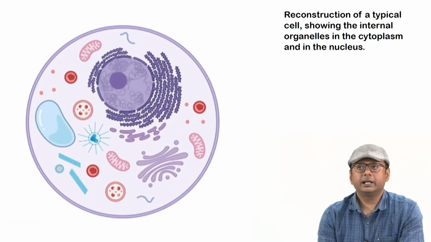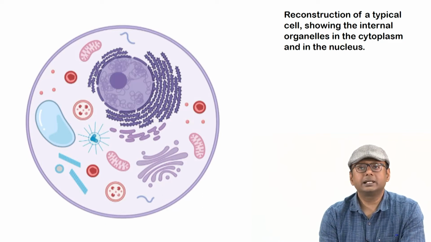Again, you can see such a nice, beautiful architecture and structure of a cell, which contains the cell membrane and various organelles. Then it has the nucleus. This is the nucleolus where the genetic material is.